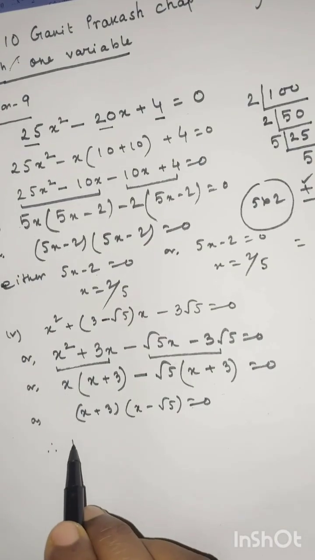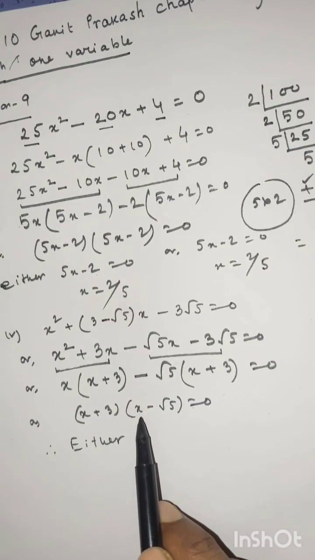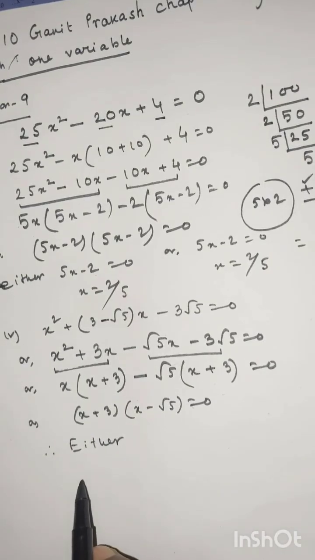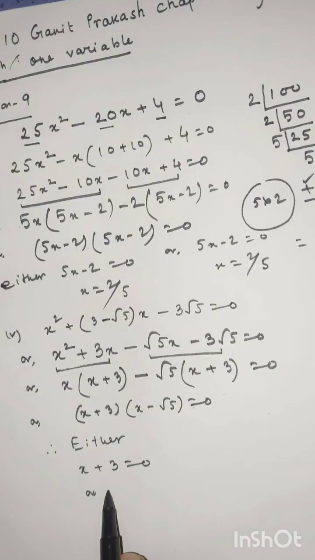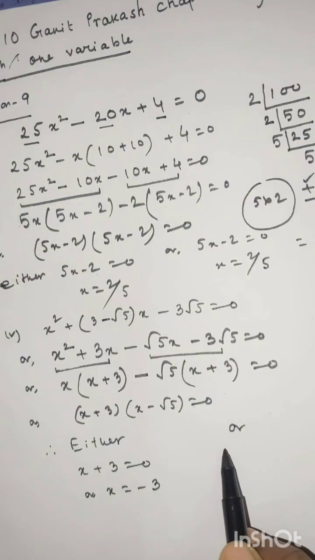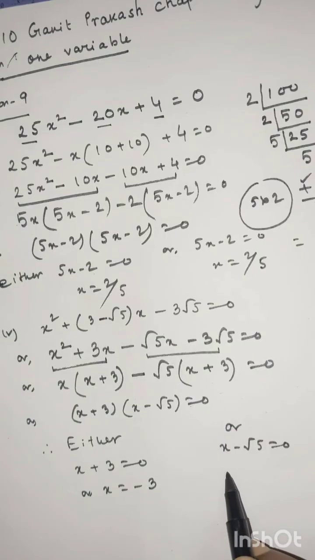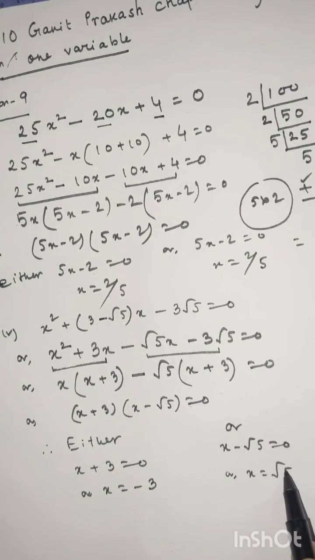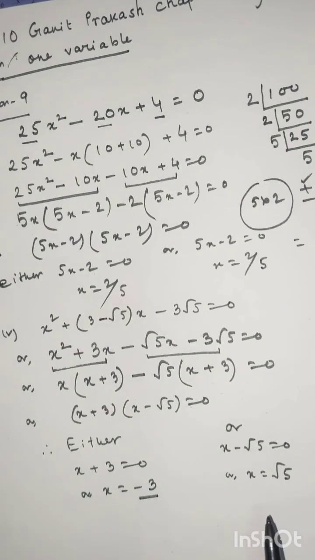Therefore either this or this should be equal to 0. So the roots of this given equation are minus 3 and root 5.